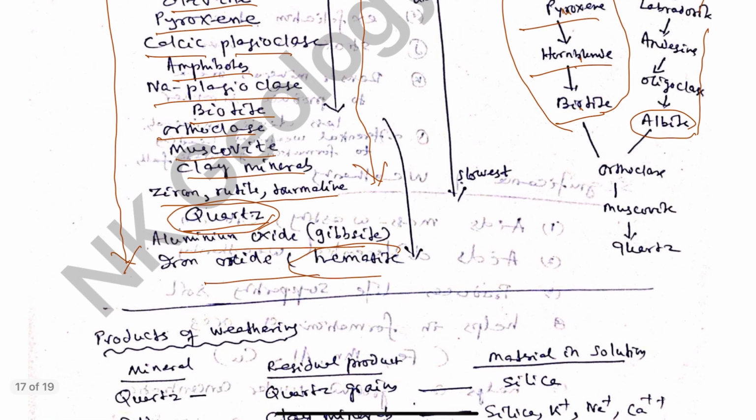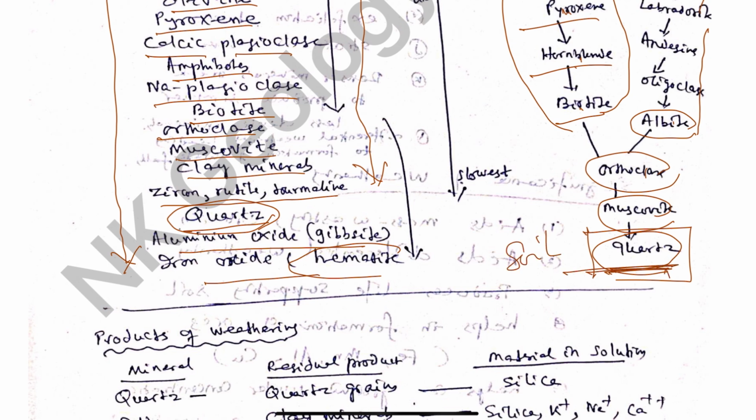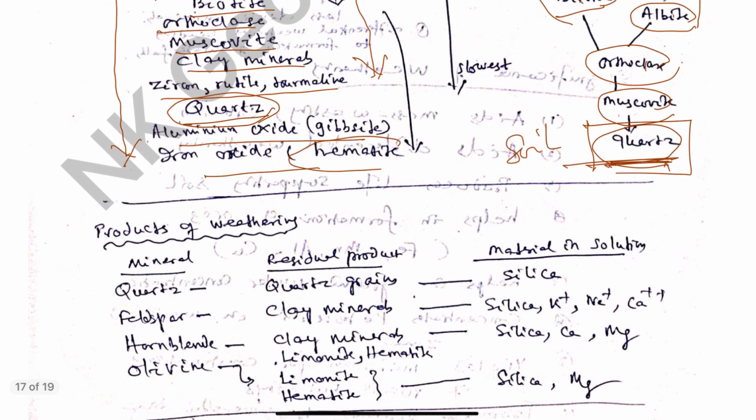And we see orthoclase is more stable than albite, muscovite more stable than orthoclase, and finally the most stable mineral is quartz. So quartz is the end product of the weathering. That's why soil is found to be rich with silica, this quartz.